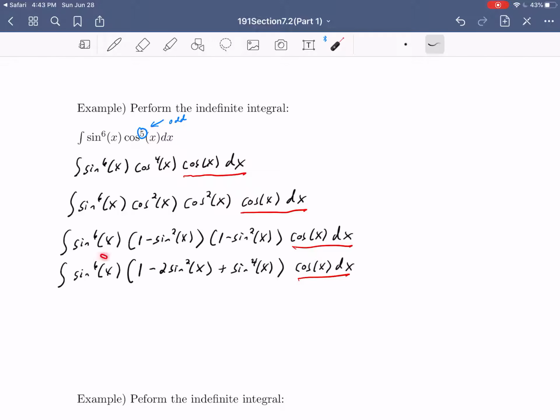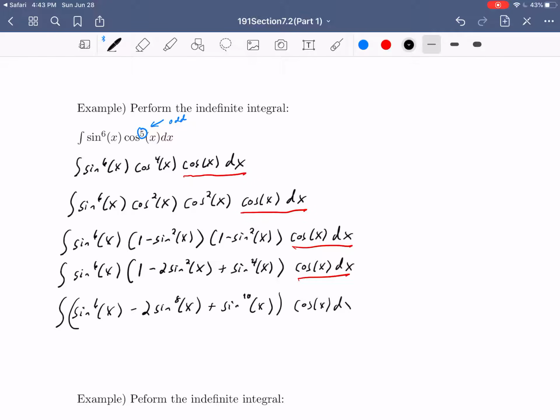And then if you want, you can distribute this onto each of the three terms. So we now have the integral sine to the 6th minus 2 sine to the 8th plus sine to the 10th. And all of that is multiplied with the cosine x dx. Notice I definitely don't want to distribute the cosine x dx in there or anything, because we know we're saving that as a catalyst for our u substitution.